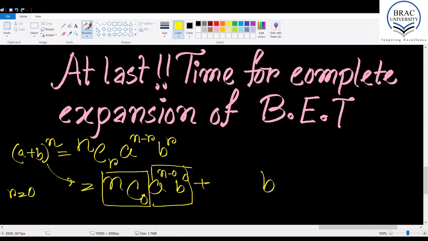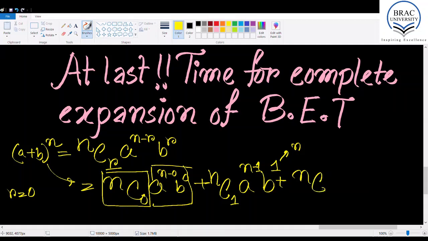Then what will the next term be? At first we took 0 b's, now we can take 1 b. If we take 1 b, how many factors will remain? n minus 1. So a's power will be a to the power n minus 1, and since r equals 1 here, this is nC1.